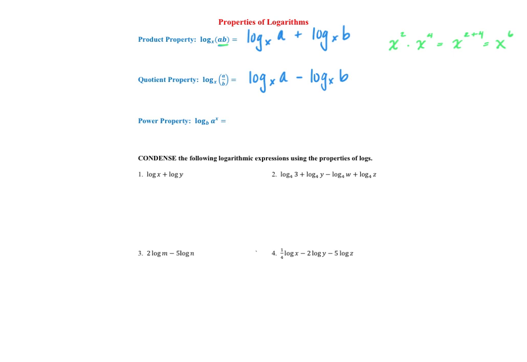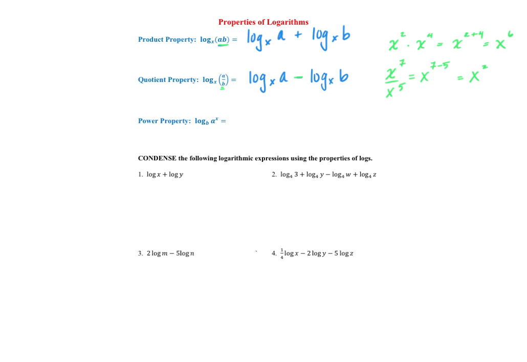If you say, for example, x to the 7th over x to the 5th, if you are dividing those bases, then you subtract the exponents. 7 minus 5 would equal 2. So when you are looking at a quotient in the argument, we subtract the two logs. And when you're looking at a quotient or division, whether you are working with log expressions or exponential expressions, you subtract the exponents.